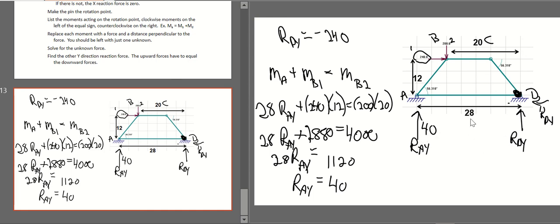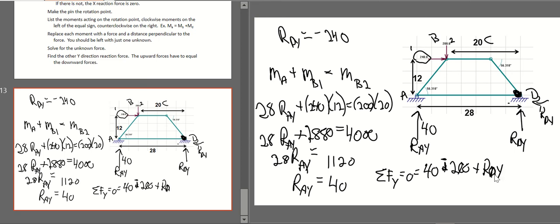All I have left is this. So by inspection, look what I got here. I'll do it. Sum of the forces in Y equals 0. I got 40 going up. I got 200 going down. Whoops, so that should not be a plus. It should be a minus 200. And then I got my RDY.